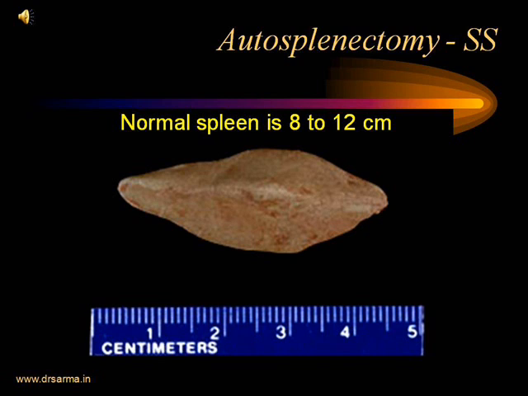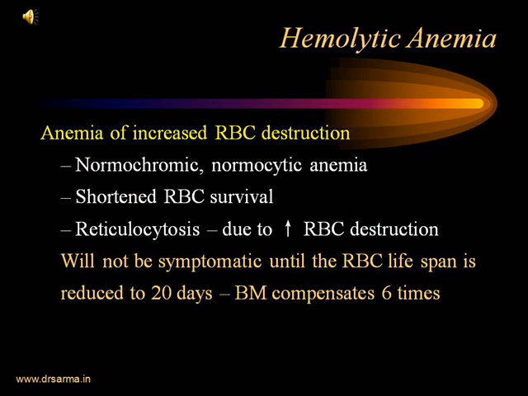Normally the size of the spleen is around 8 to 12 centimeters. Look here, the autopsy specimen of spleen in a case of sickle cell anemia, the spleen here is around 4.5 centimeters instead of being the normal 8 to 12 centimeters. This autosplenectomy is due to repeated splenic infarcts due to sickle hemoglobin.